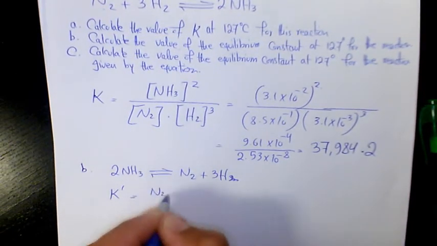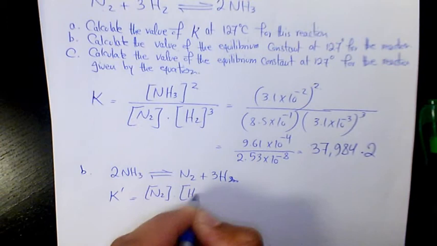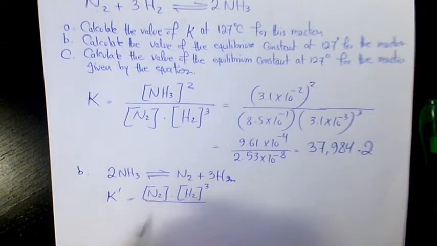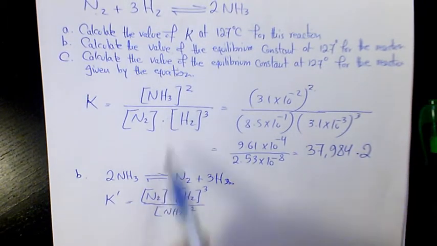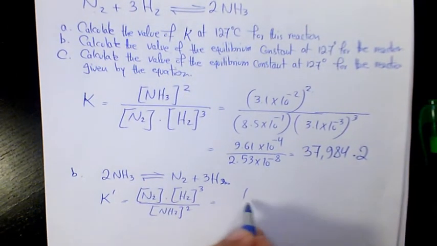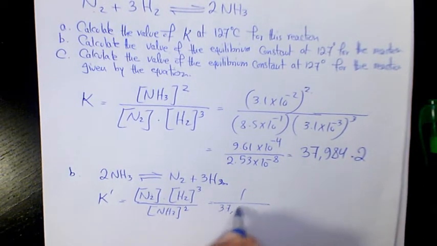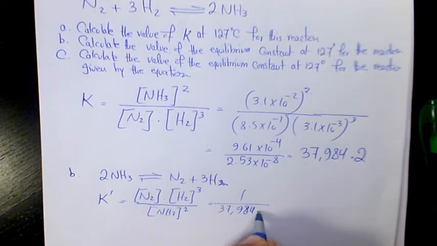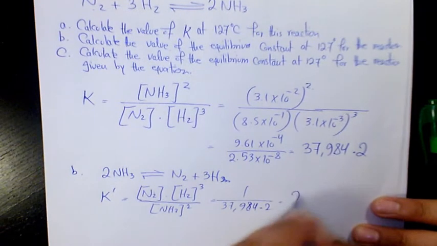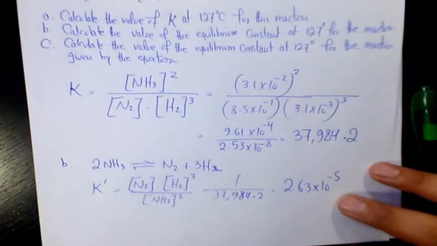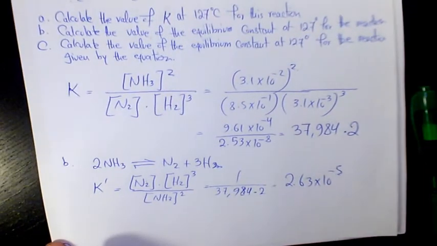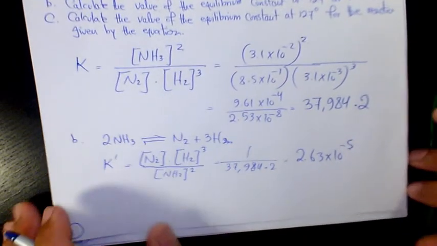K prime is going to be N2 times H2 to the power of 3 divided by NH3 to the power of 2. So basically it's going to be the inverse of capital K, which is 1 over 37,984.2. That's going to be 2.63 times 10 to the power of negative 5. That's going to be the equilibrium constant for the reverse reaction.